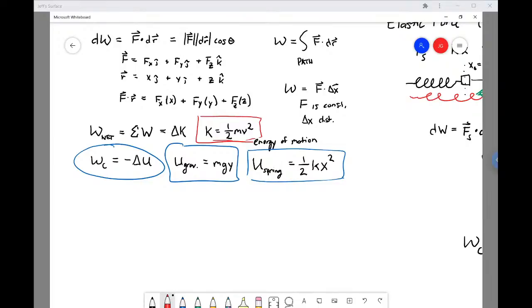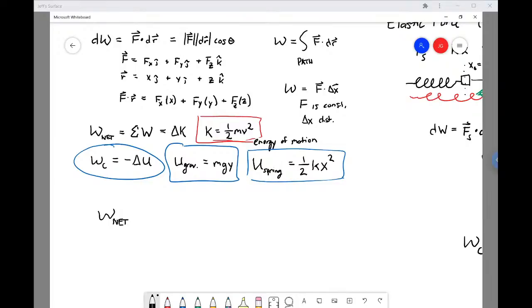So we have total work equals change in kinetic energy, and work done by conservative forces is negative change in potential energy. We can put all this together now and get a final result.